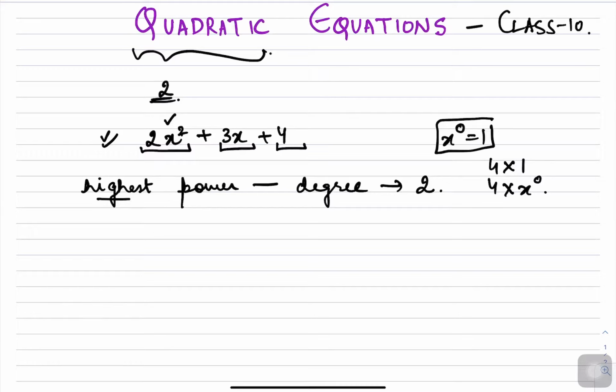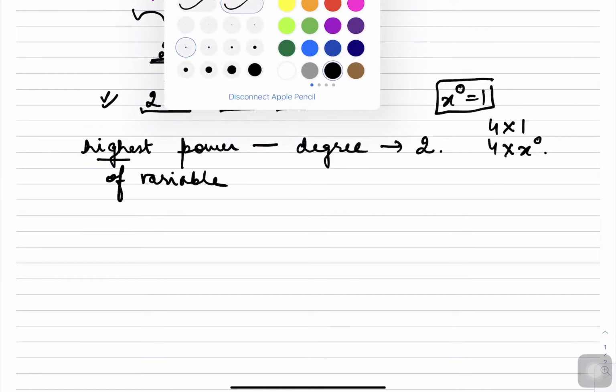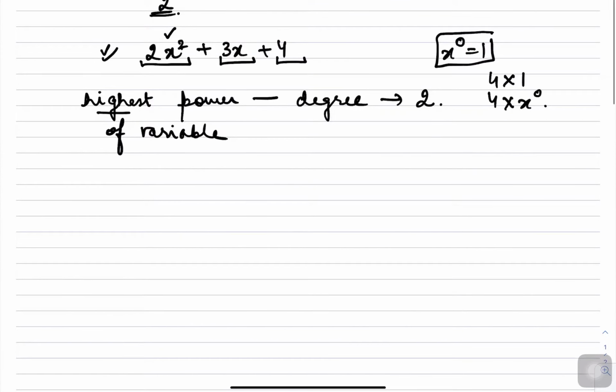Correct? So this is an expression, and if we see the highest power of the variable in the expression, it is 2. So it is quadratic. Any polynomial or expression having the highest power, or degree, as 2 will be quadratic. Suppose I write x square minus 3x.